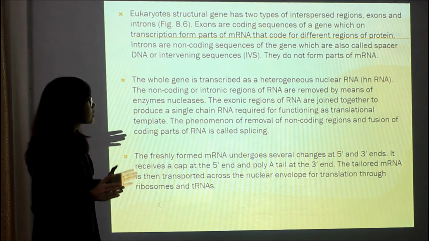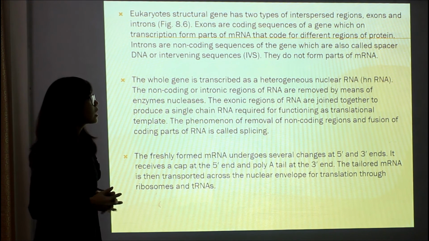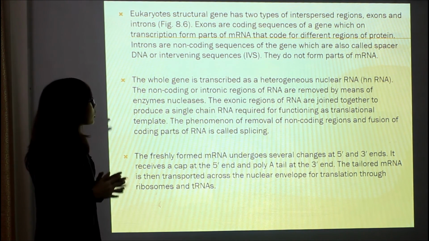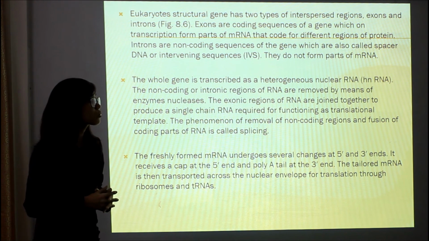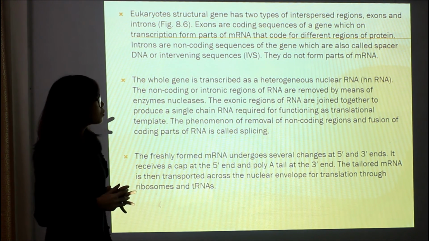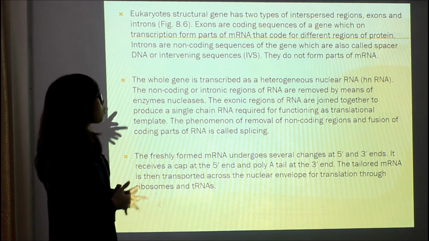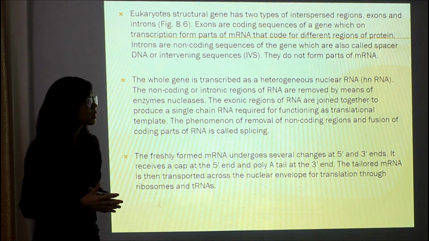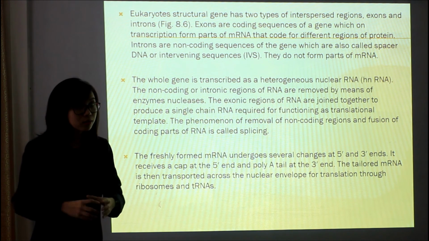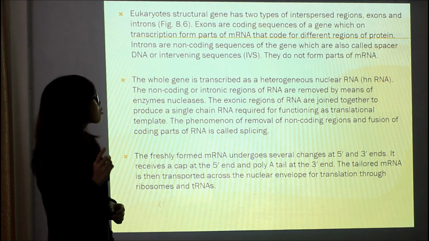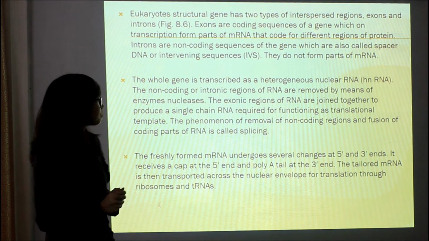The whole gene is transcribed as a heterogeneous nuclear RNA. The non-coding or intronic regions of RNA are removed by means of enzymes called nucleases. So the exonic regions of RNA are joined together to produce a single chain RNA required for functioning as translational template.